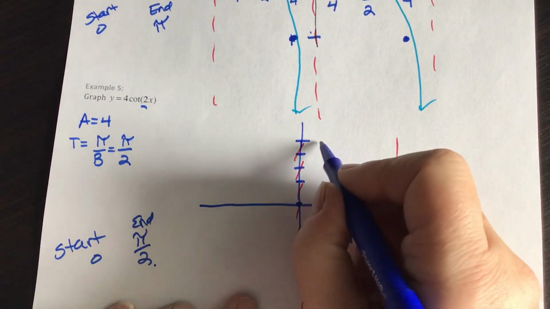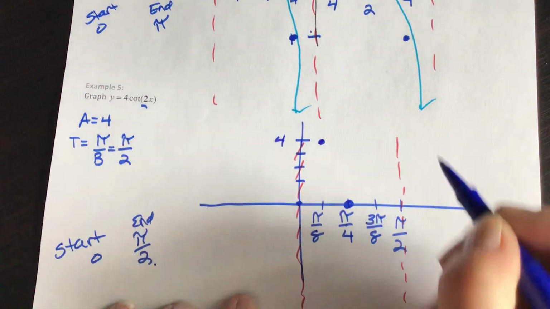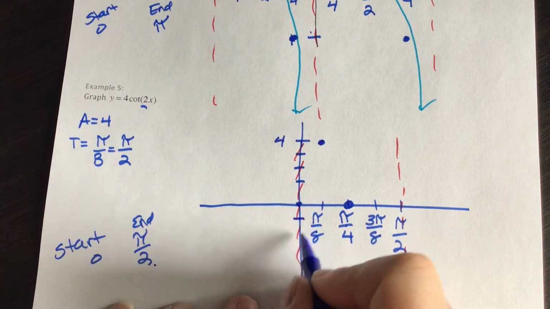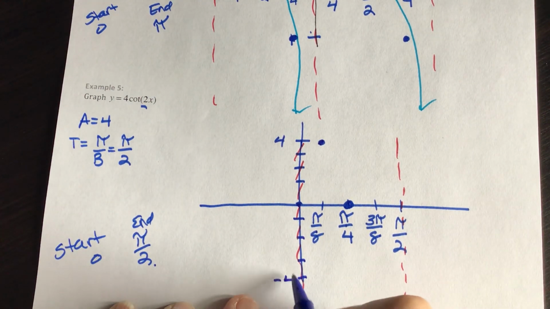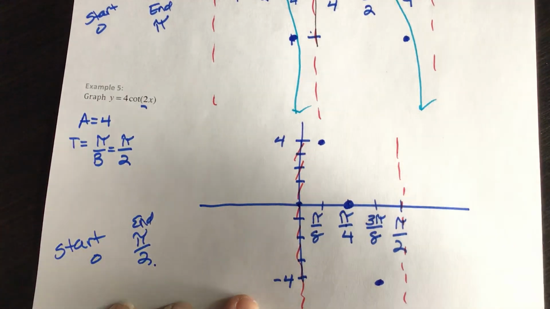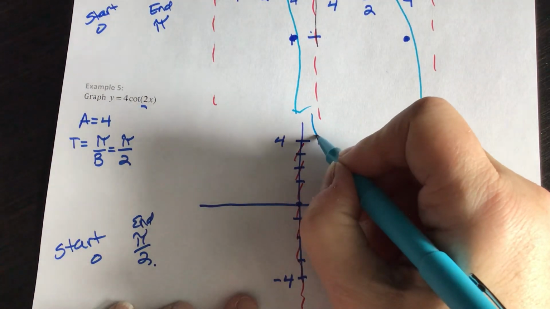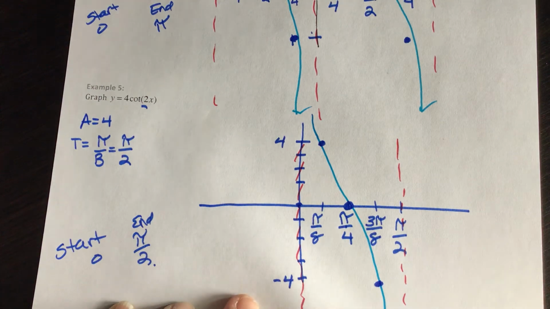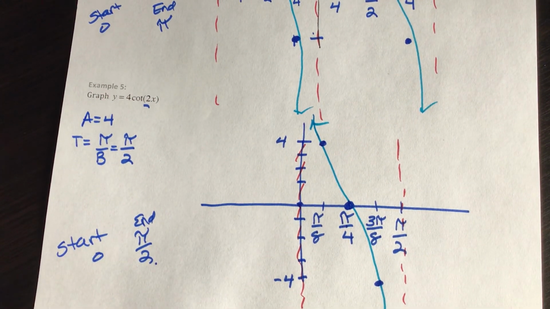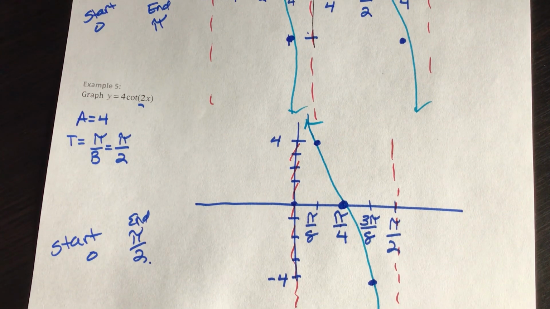So at pi over 8, I'm going to go up 4. And at 3 pi over 8, I'm going to go down 4. And then I can draw the graph in. All right, so those are the graphs of tangent and cotangent.